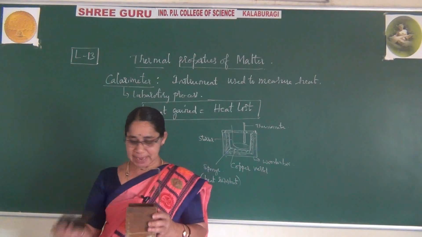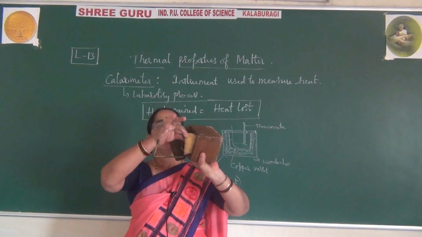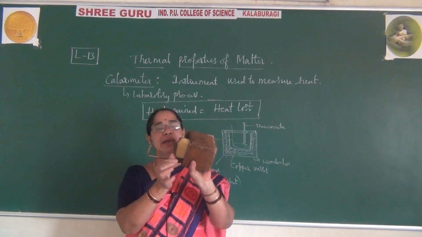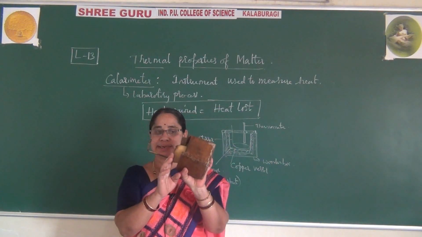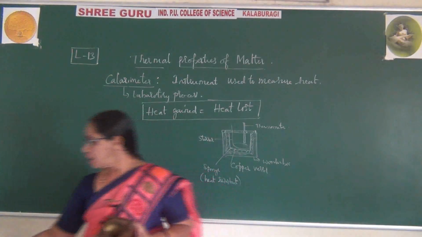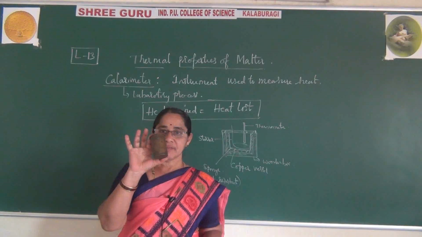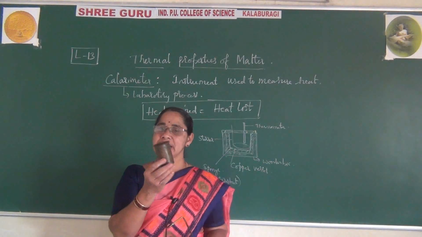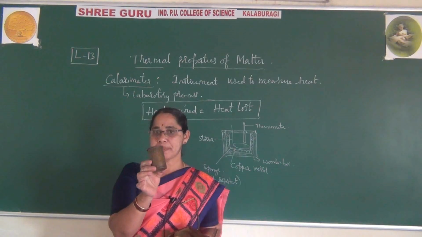In between we have a sponge, and this sponge acts as a heat resistant, due to which you can keep the copper vessel, which is made of copper material. Any type of material you can take, but here we prefer to use copper.